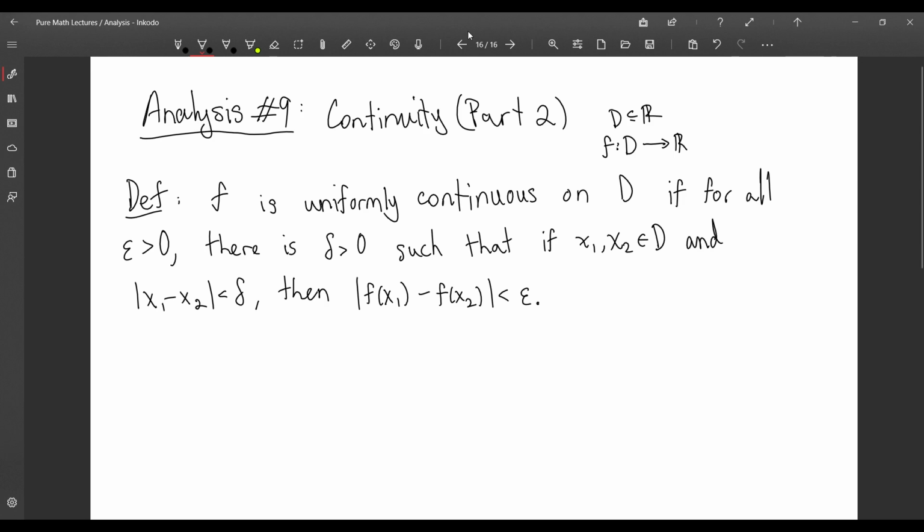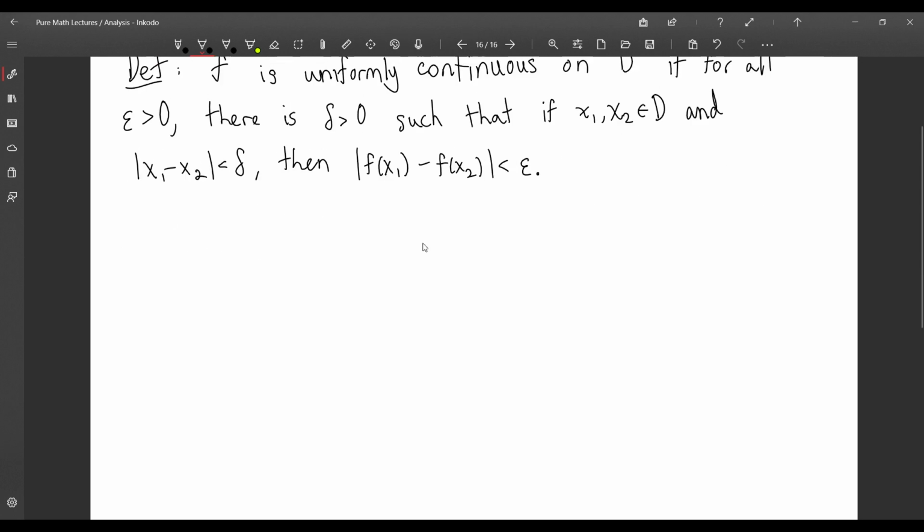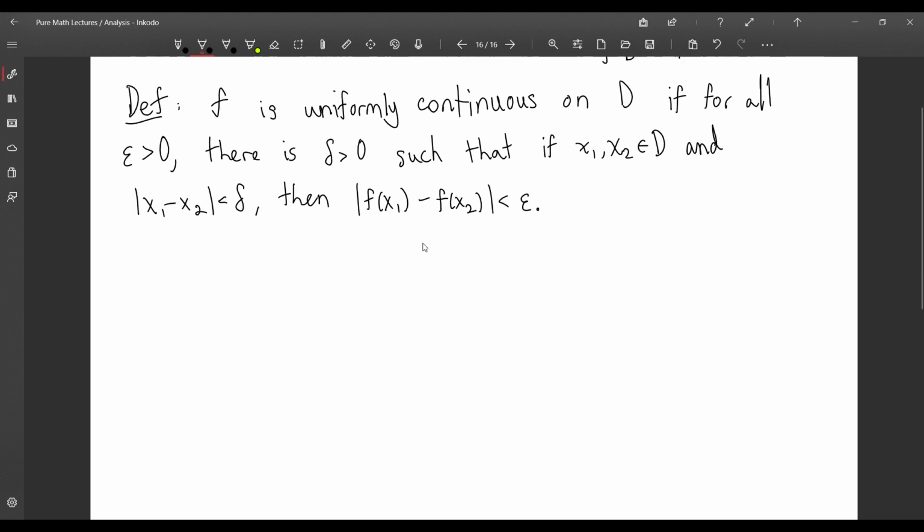right? And so you can see why this is sort of a stronger assumption than just continuity, because in normal continuity, everything is with reference. You sort of have to have a reference point, right?